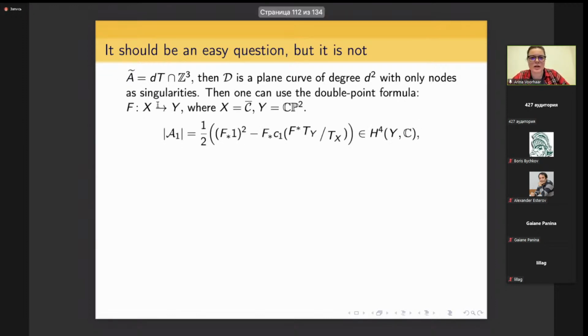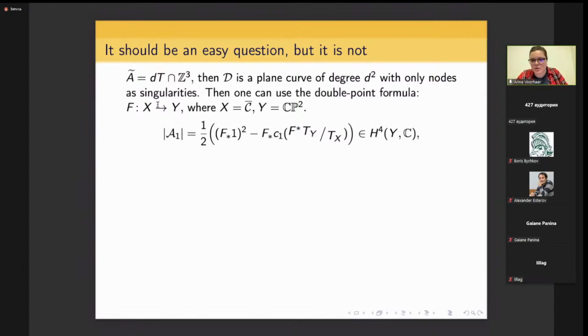And then one can pass to a good toric compactification, which in this case is basically CP3 and CP2 respectively.